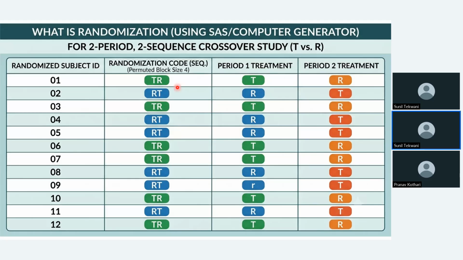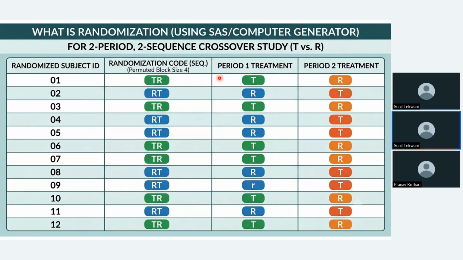And this randomization is done through statistical software. Human being does not decide whether this sequence should be TR, RT, TR, RT, RT, to avoid bias. Okay, this randomization schedule is decided by the software, the statistical SAS software. So this is randomization of the sequences. So the sequences are randomized.